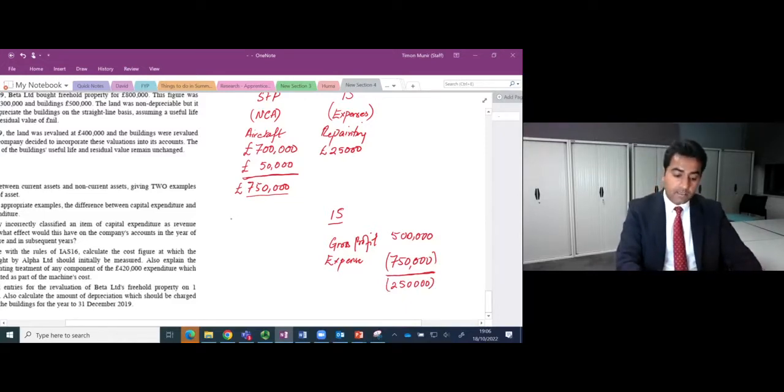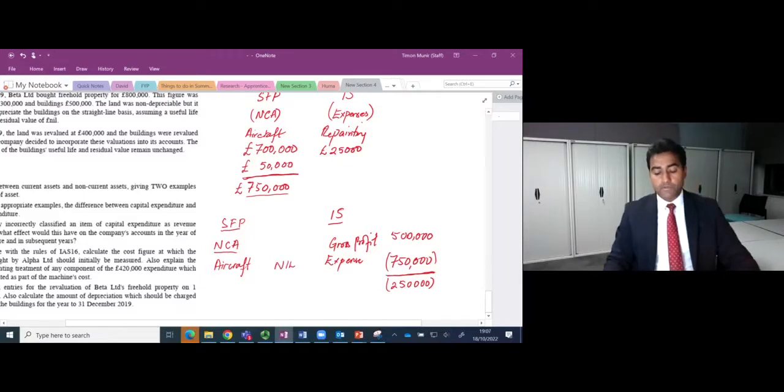On the other hand, in the statement of financial position, nothing has been recorded. So you can see that because of incorrect recording, the company is showing a loss.